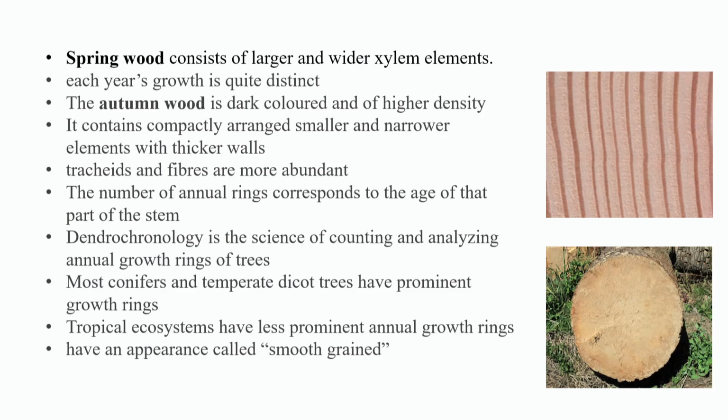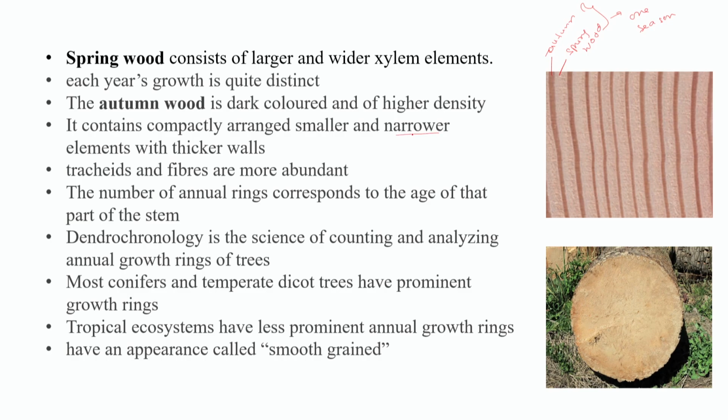In this figure you can see very clearly that this is the spring wood and this is the autumn wood. These both woods correspond to one season. In spring the activity is more and more xylem tissue is accumulating, while in autumn the xylem tissues are less accumulated and they are more compact, more lignified, more narrower.